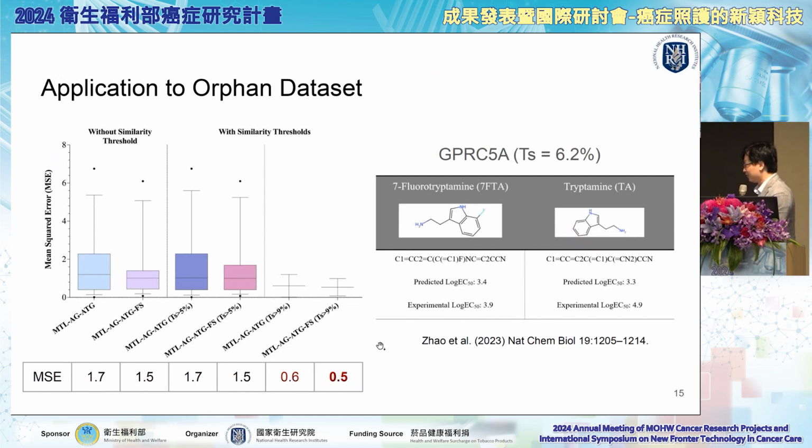In the review of our article, we found a paper published in Nature Chemical Biology. They identified two ligands for an orphan GPCR. So we use that as an independent test, and we found that the prediction value of our model is really close to the experimental one.